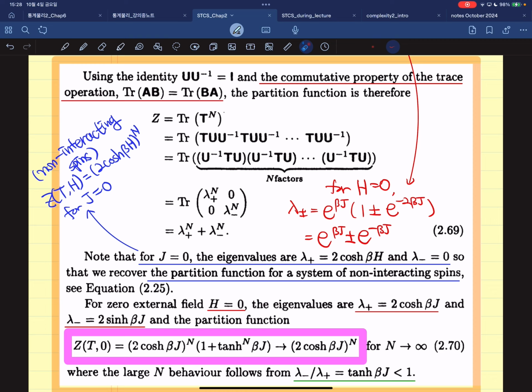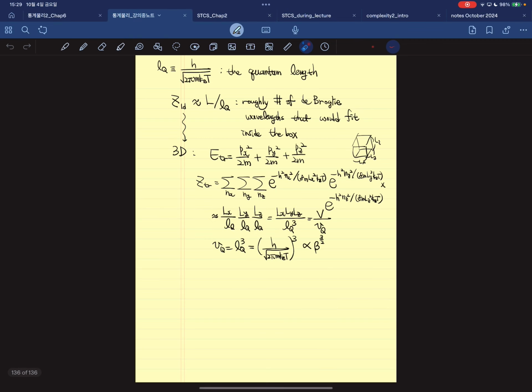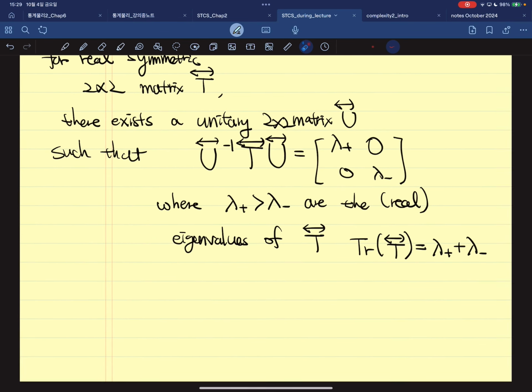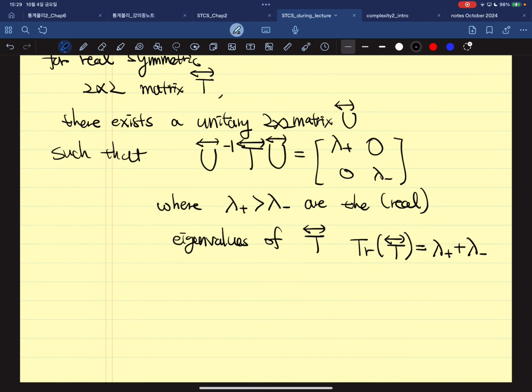But this is a diagonal matrix. So if you multiply this diagonal matrix by itself, of course, we will have this one. A diagonal matrix is just the numbers, basically, since we don't really need to care about the off-diagonal elements.